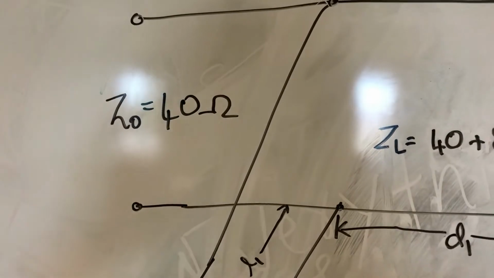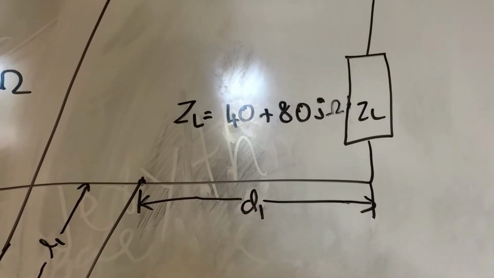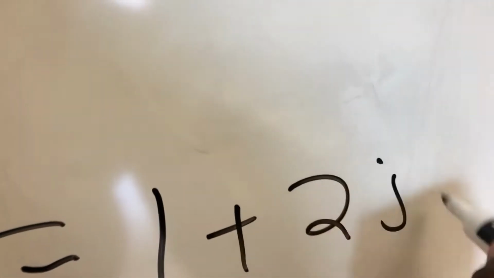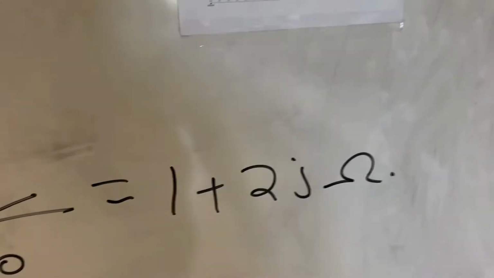The characteristic impedance is 40 ohms, the load impedance is 40 plus 80j ohms. So the normalized impedance is going to be load impedance divided by characteristic impedance, which in this case is going to be 1 plus 2j ohms. So let's go ahead and mark 1 plus 2j on the chart.